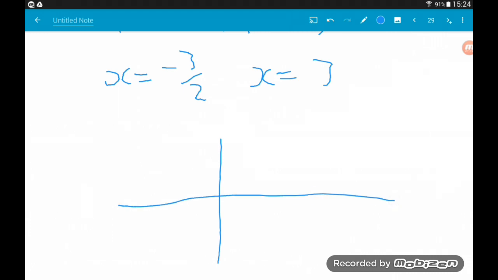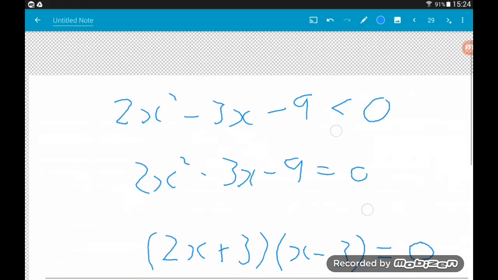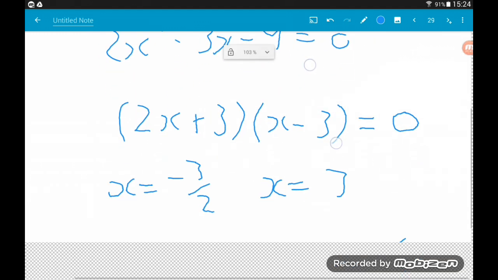So one of these values is negative, one is positive, so something like that. So now we've got our graph, we can solve the inequality. So we wanted 2x squared minus 3x minus 9 to be less than 0.